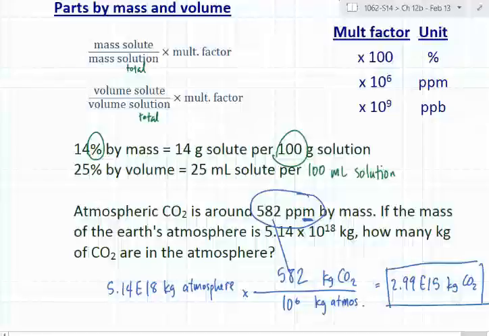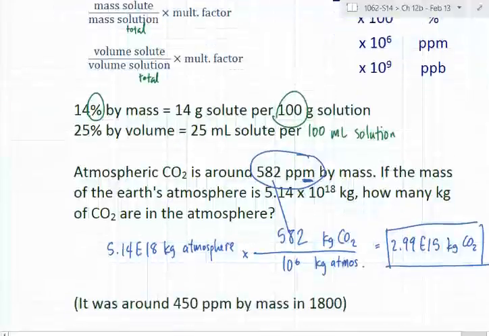It's about a half out of 1,000. It's 0.05% or something like that. But when you're doing it on huge powers of 10, 5.14 times 10 to the 18 kilograms of atmosphere total, about 3 times 10 to the 15 kilograms of that is CO2. So that gives you an idea of how much CO2 is hanging around out there.